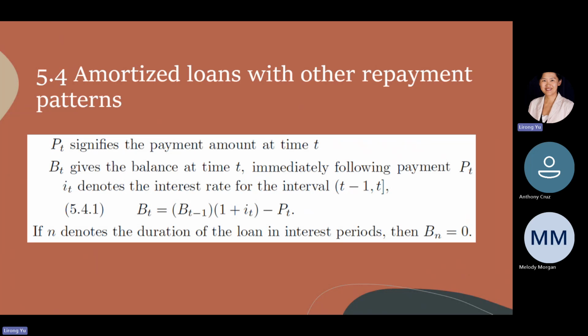If you have an amortized loan, what if you change your repayment pattern? Instead of paying Q and Q and Q and Q and then R, so instead of paying almost equal amounts in every payment, maybe you have a different way.